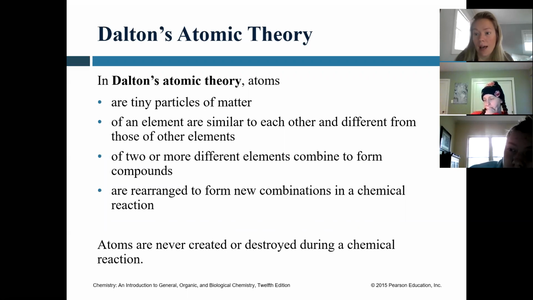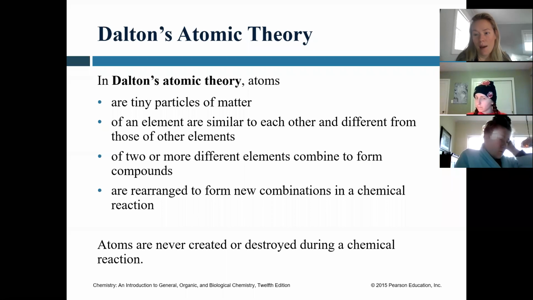They can break up. The hydrogens can break from the oxygens and then go bond with something else and form a new compound. And during a chemical reaction, atoms are never created or destroyed. So the aluminum just disappeared? That doesn't happen, at least within a chemical reaction.